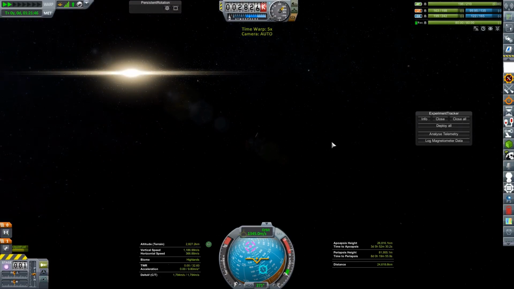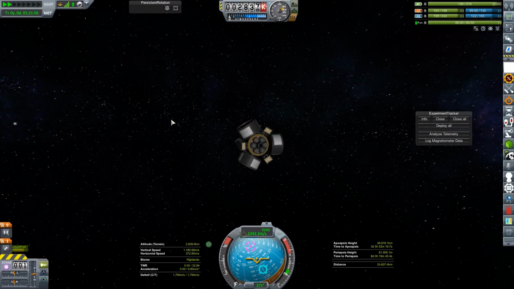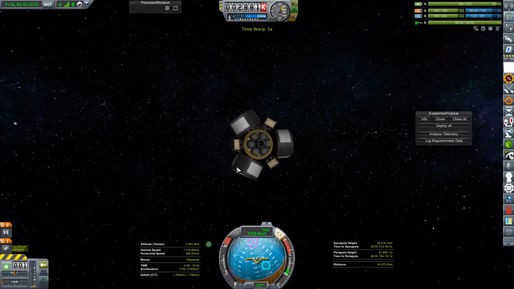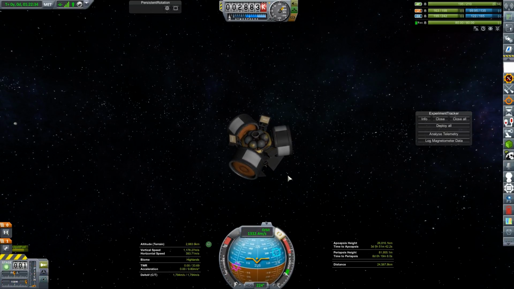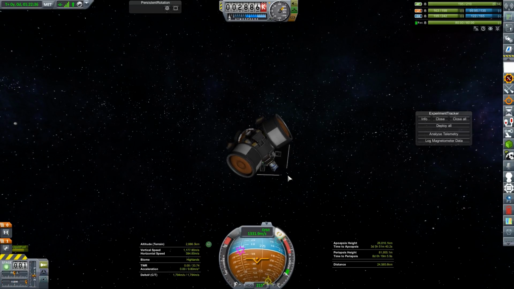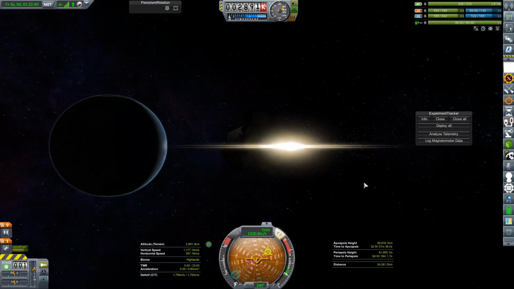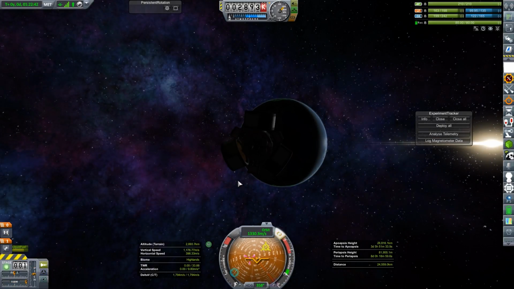Not that I'm going to be using much energy with hibernation on warp, after I kill my speed. So this is a lot easier to control without that weight on the end. Sun is that way.